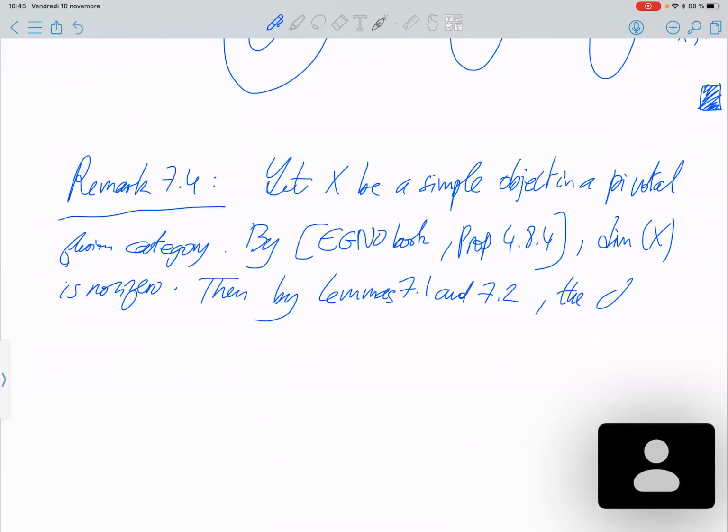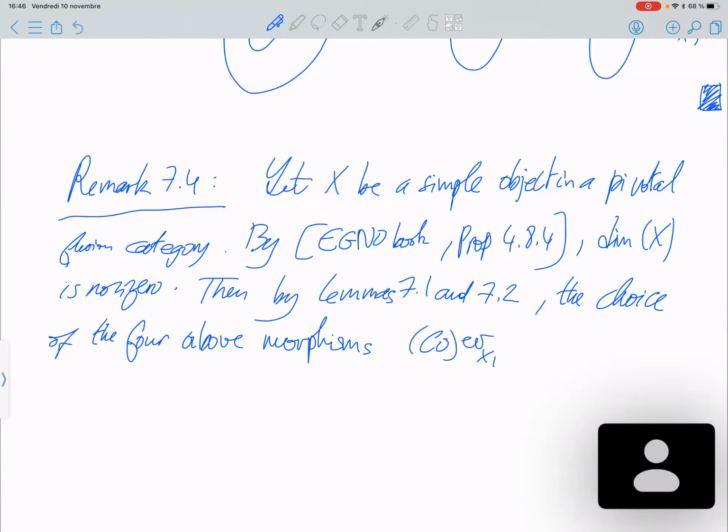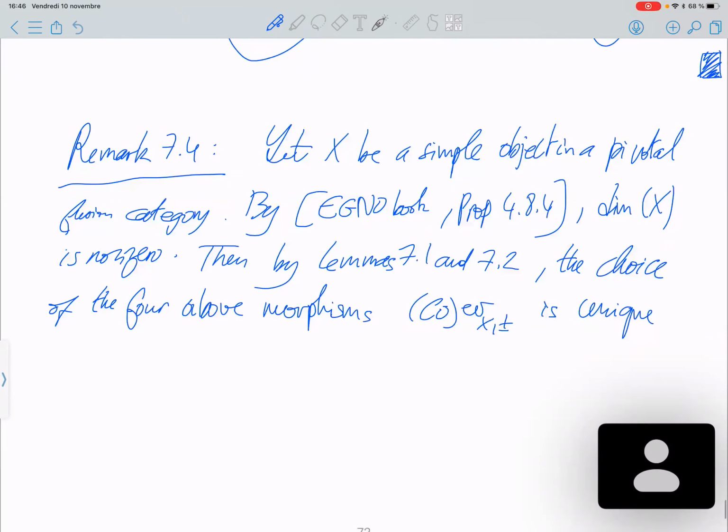The choice of the four above morphisms, so coev X plus or minus, is unique up to a non-zero k.